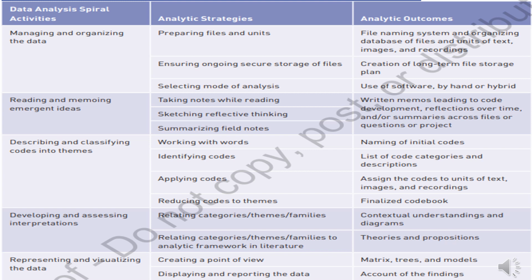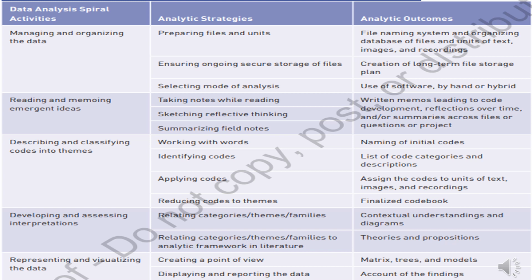The second activity is reading and memoing emerging ideas. The strategies are taking notes while reading, sketching reflective thinking, and summarizing field notes. The outcome should be written memos leading to code development, reflections over time, and summaries across files, questions, or projects. The third activity is describing and classifying codes into themes.